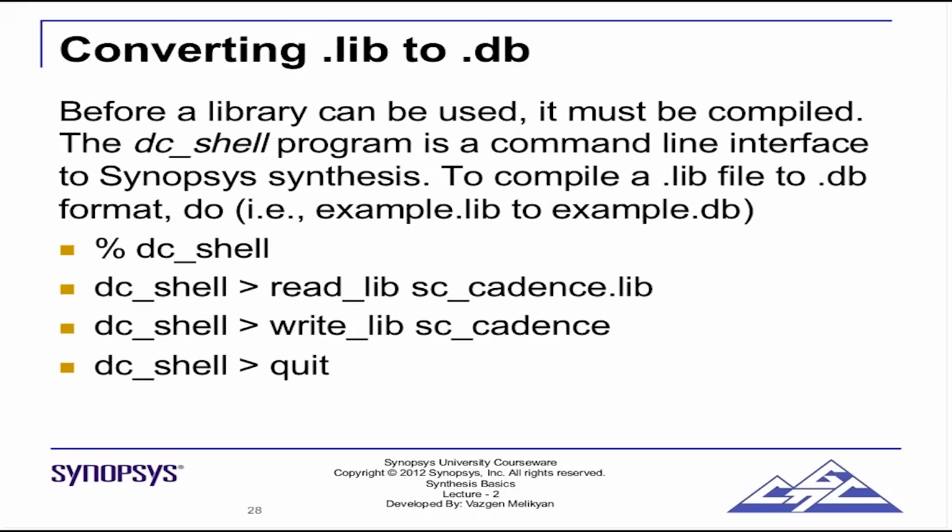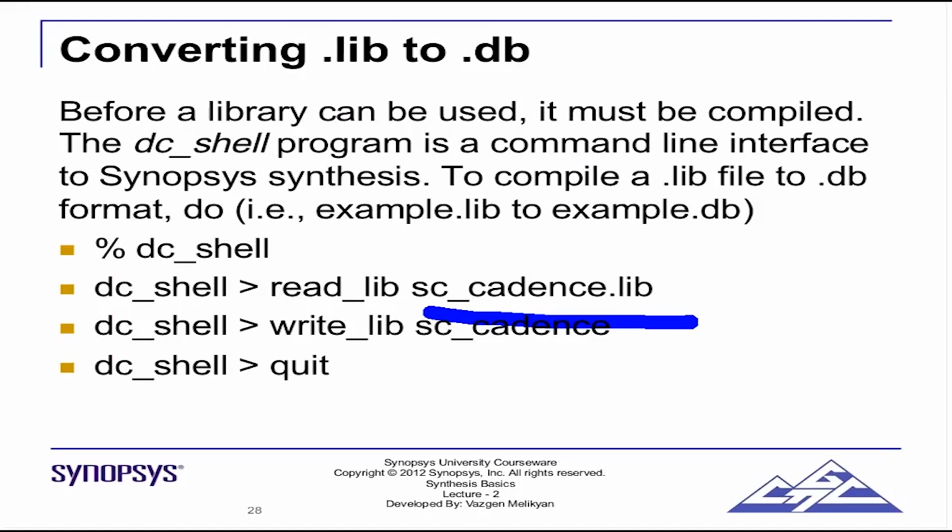As I mentioned, a .lib is a human readable format. It is converted to DB by the Synopsys tool, and the Synopsys tool is used with DB. So before a .lib can be used, it must be compiled. In fact, you can use the same Design Compiler program for doing this. It's a very simple command. You read the library file, and you write the library.